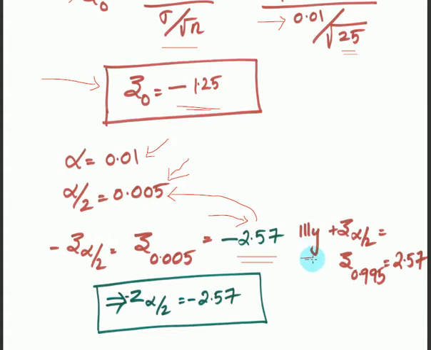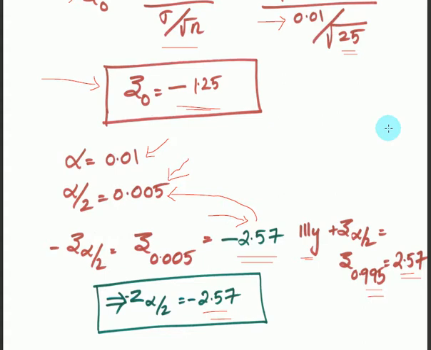Similarly, if you're looking on the right hand side of the table, you need to look for z of 0.995, and that will once again be 2.57. So negative z alpha over 2 is negative 2.57.